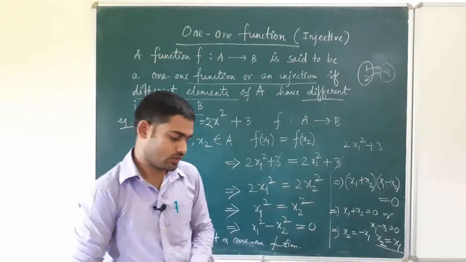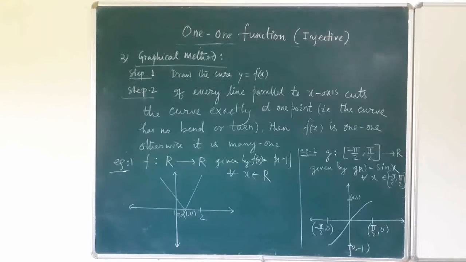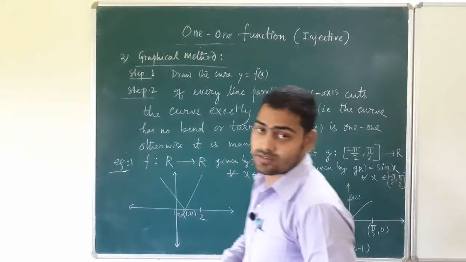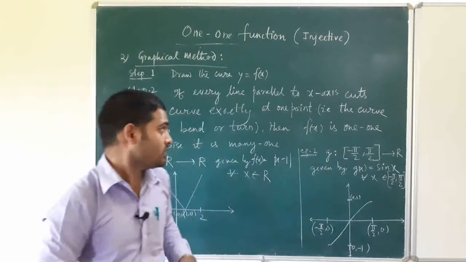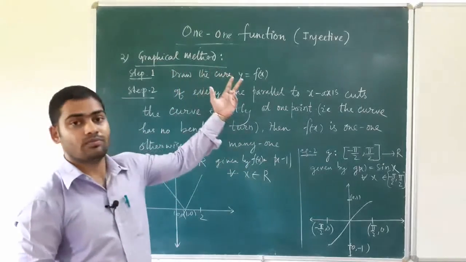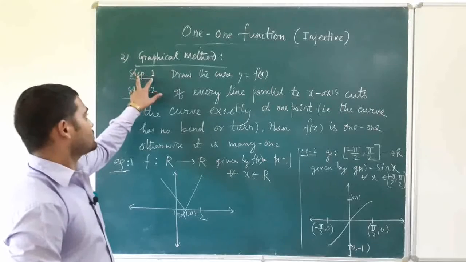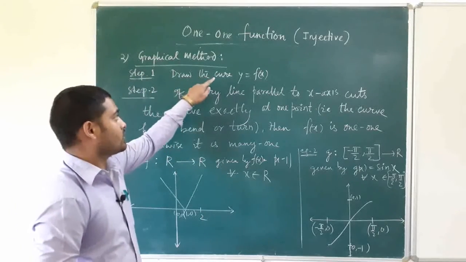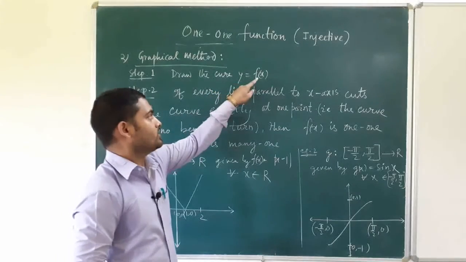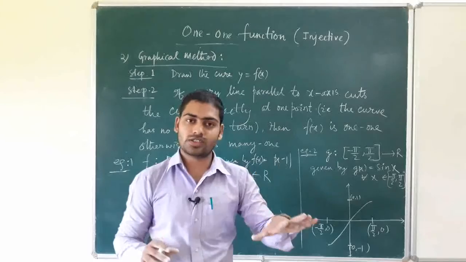Understood? So now friends, we check 1-1 function by the graphical method. See, the first step is, you draw the curve y is equal to f of x. First you draw the graph of that function.